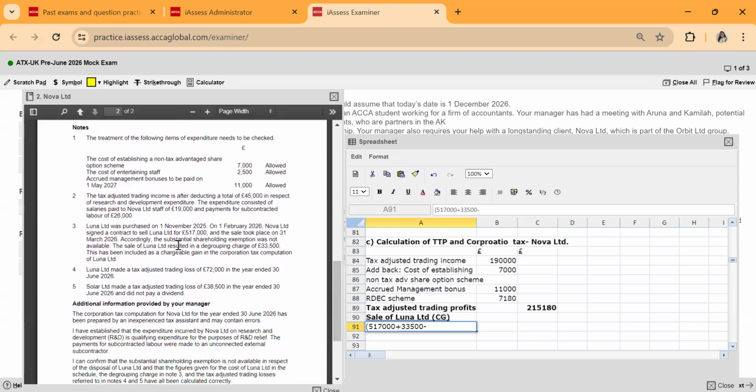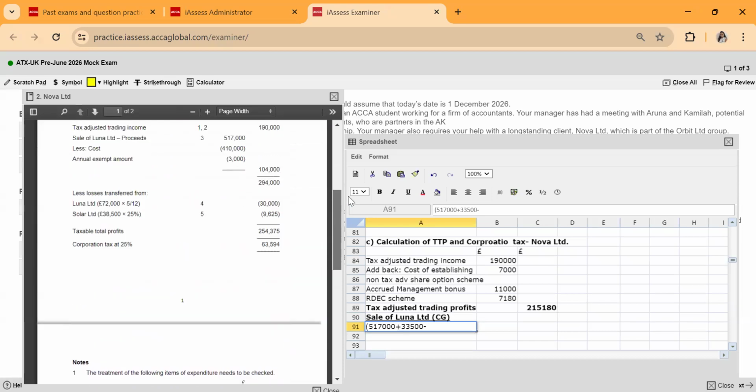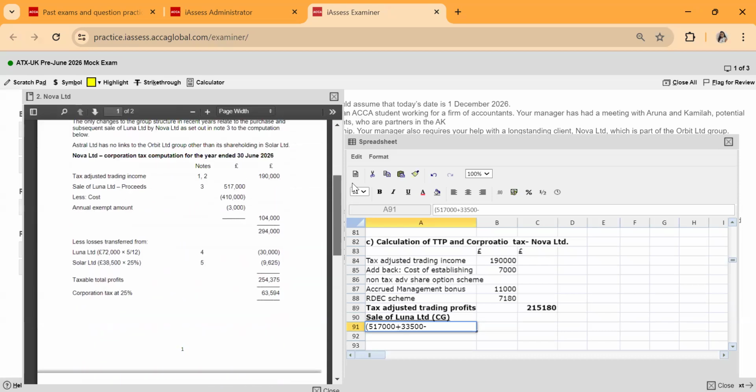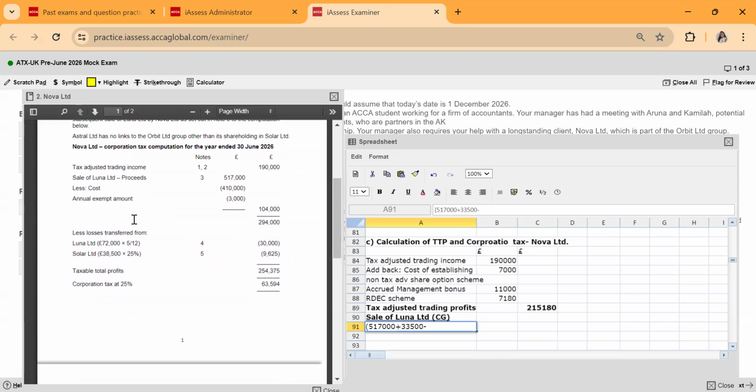This has been included as a chargeable gain in the corporation tax computation. So where is it included? I cannot see the chargeable gain where it is included. It is not included. So only the transaction is included, but not the degrouping charge. Okay, now I will reduce the original cost.